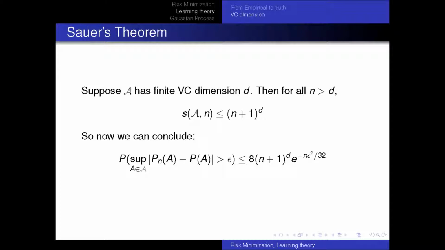It means the points you are going to shatter are distributed in this space. So the VC dimension for this thing is 4.